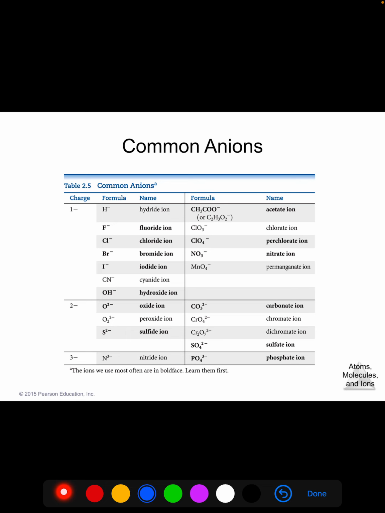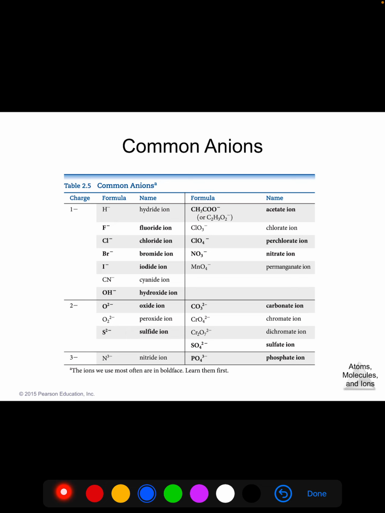Fluorine, chlorine, bromine, iodine. Those anions are formed by gaining an electron, and we change the ending to "ide." Okay? So hydrogen can also form a -1 as well as a +1. So it's termed the hydride. Fluoride, chloride, bromide, iodide.